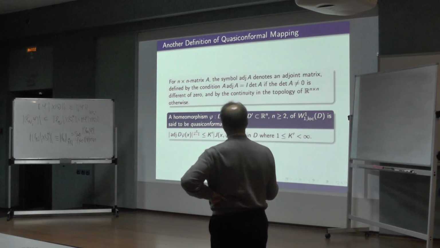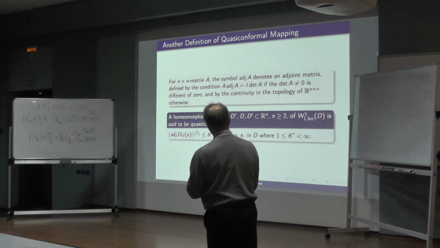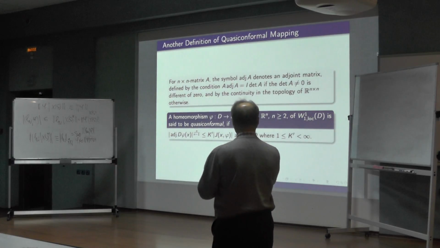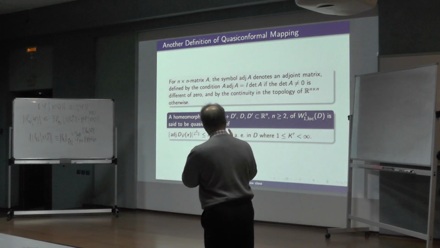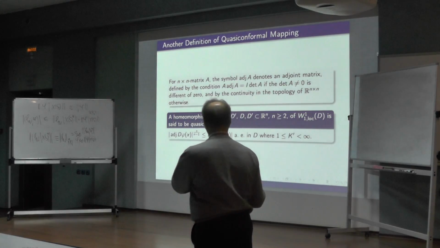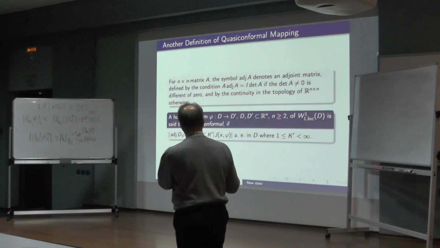If the Jacobian equals 0, then in the first definition the partial derivatives vanish. But in this case, if at the point x the determinant equals 0, then all minors of order n-1 equal 0.